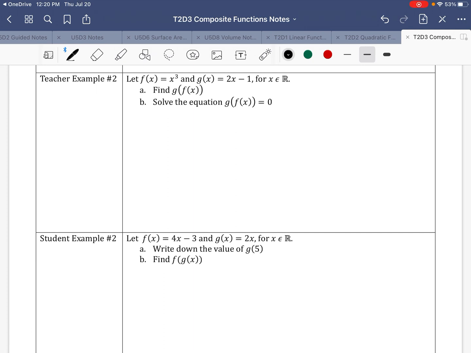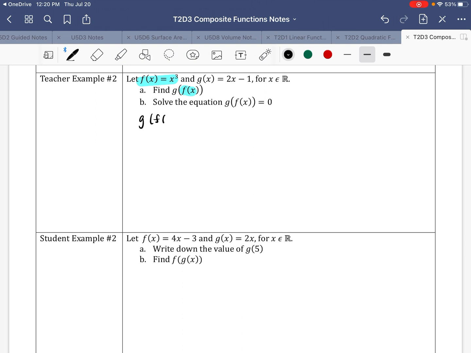Now for our second teacher example, we have two functions. f of x is x cubed, and g of x is 2x minus 1. Find g of f of x. And now what you'll see is instead of having a value that we're going to evaluate, it's just an x. So we're looking for a function, where our function f of x is going to get plugged into our g of x function.